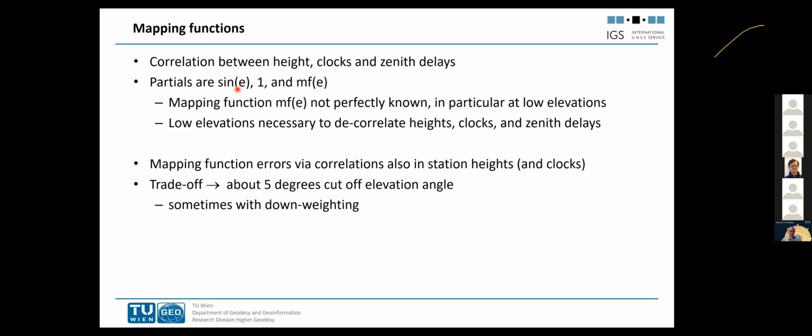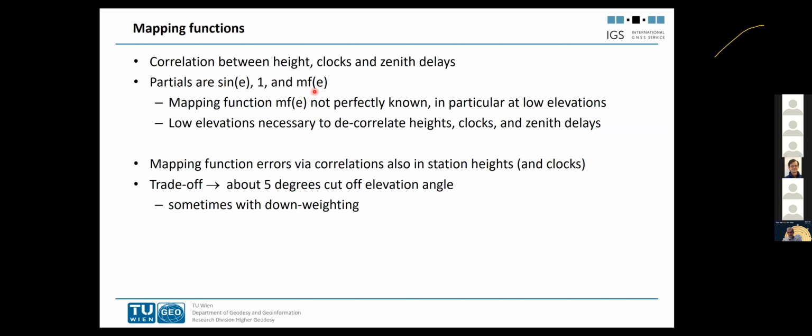For the station height, it's exactly sine of elevation. For the clocks, it's exactly 1. And for the zenith delay, it's the mapping function. But the mapping function is not perfectly known, in particular at low elevation angles. On the other hand, low elevation observations are necessary to decorrelate heights, clocks, and zenith delays. So that's a bit tricky.